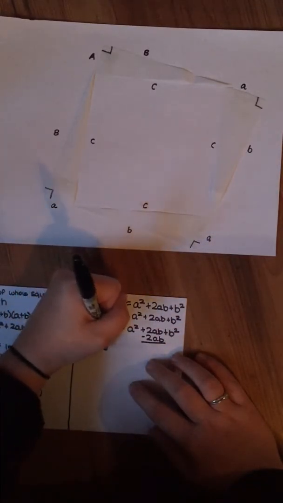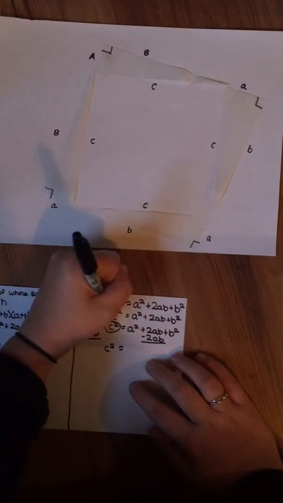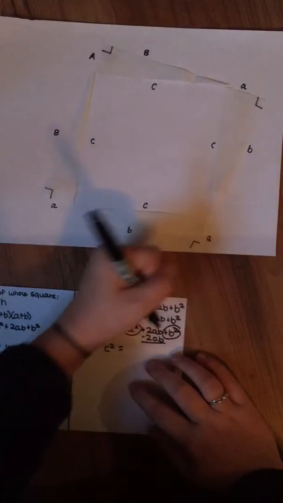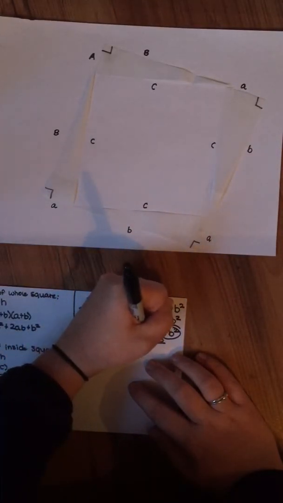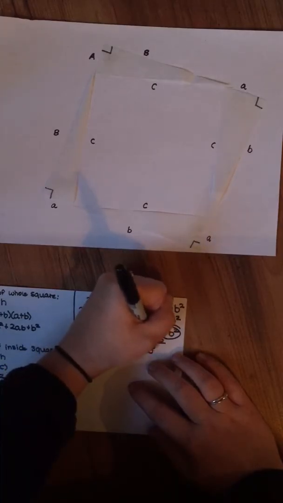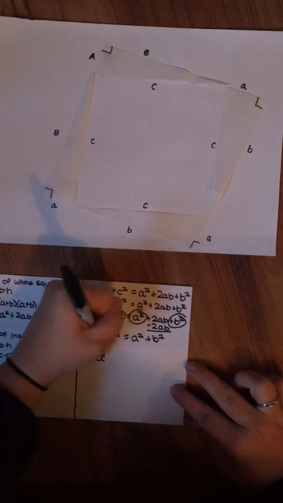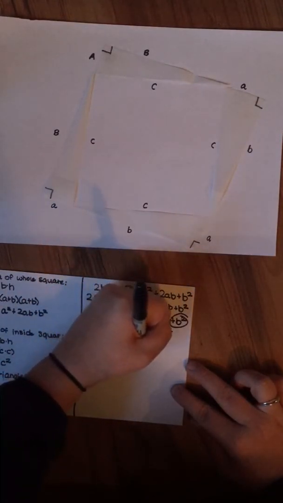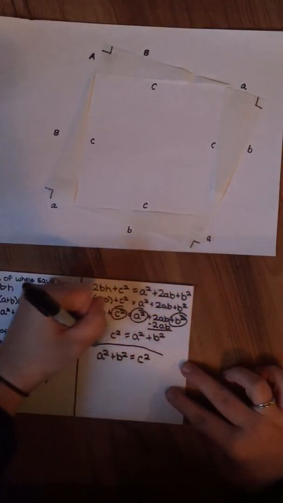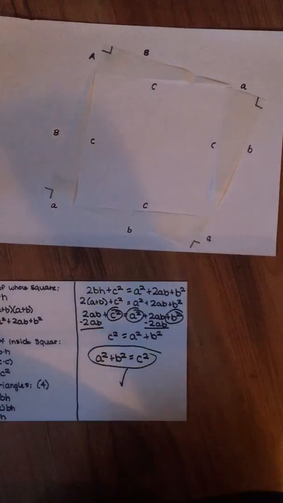That leaves you with c squared equals, and you're left with that, that, and that. So c squared equals a squared plus b squared. Which if you reverse it and mix it all around, it says that a squared plus b squared equals c squared, which is what we wanted. And there's our Pythagorean theorem using algebra.